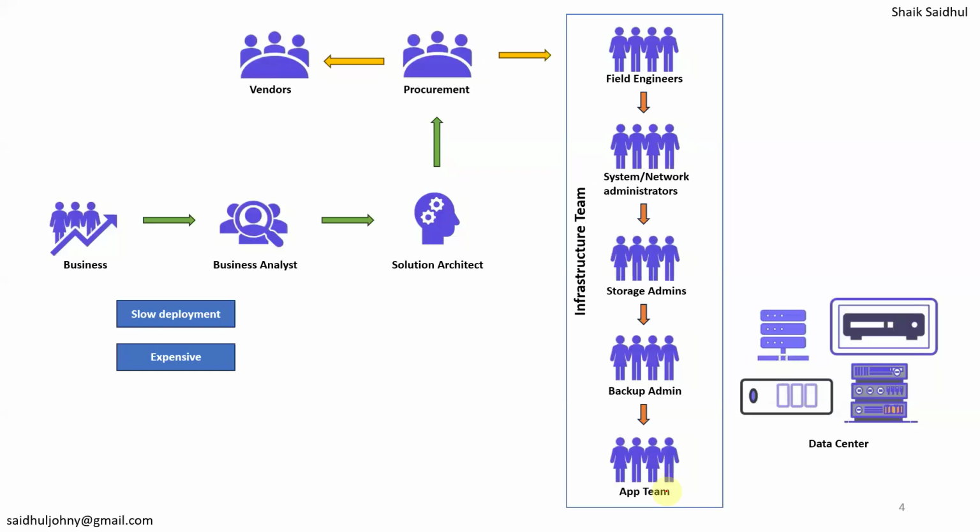Procurement team, vendors team, field engineers. Because of these many people and many things, the overall cost to maintain and deploy the model is generally high. So that's the reason I'm calling it an expensive model. I hope this is also making sense.